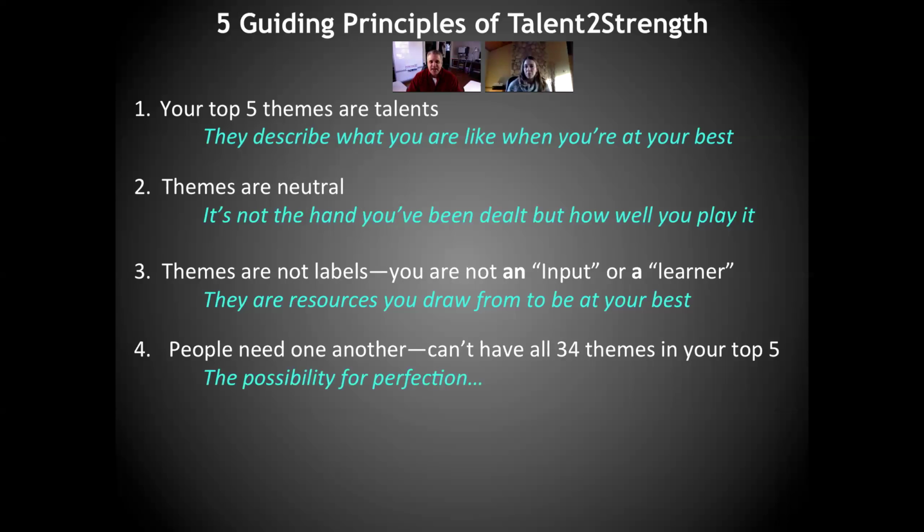So what I say instead, and I heard a mentor say this once, is that the possibility for perfection does not lie in an individual. The possibility, if there is one, for perfection lies in the community. And this is a great point to tie into the community building theme: I'm great in certain areas, and I'm very vulnerable or not very good in many other areas, but you're strong in some of those areas where I'm weak, and I'm strong in some areas where you're weak.